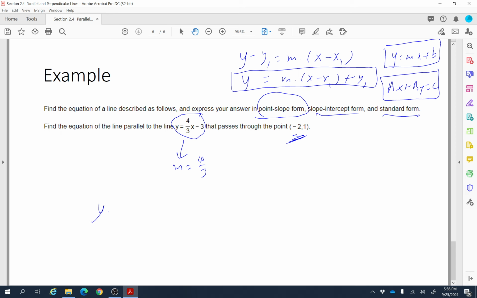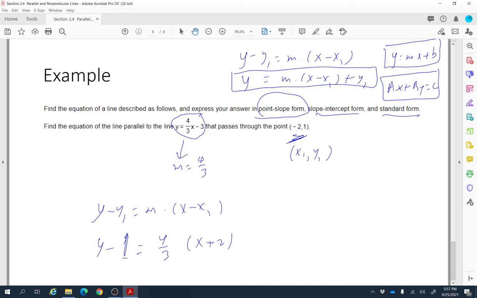So the equation would be y minus y1 equals m times x minus x1. Just plug in x1 equals negative 2, y1 equals 1, and slope is 4/3. Y minus y1, which is 1, equals slope 4/3 times x minus x1, which is negative 2. So that negative and this negative becomes positive.